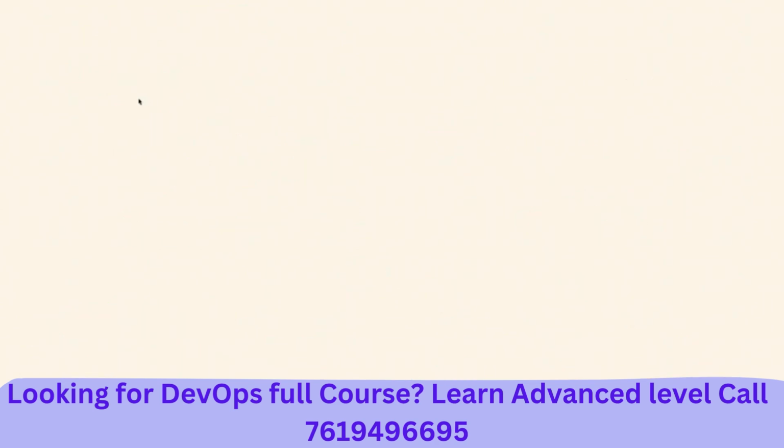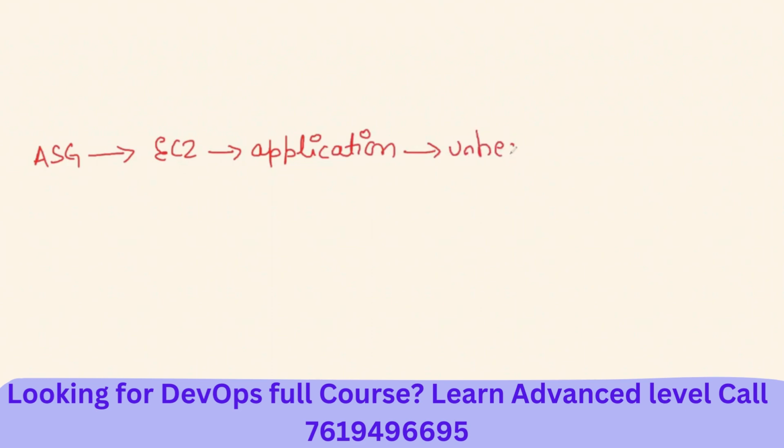So to summarize and make it clear, what we are trying to say here is that the ASG, our auto scaling group, is provisioning EC2 instances. But because of our application, this EC2 instance quickly gets into an unhealthy state.